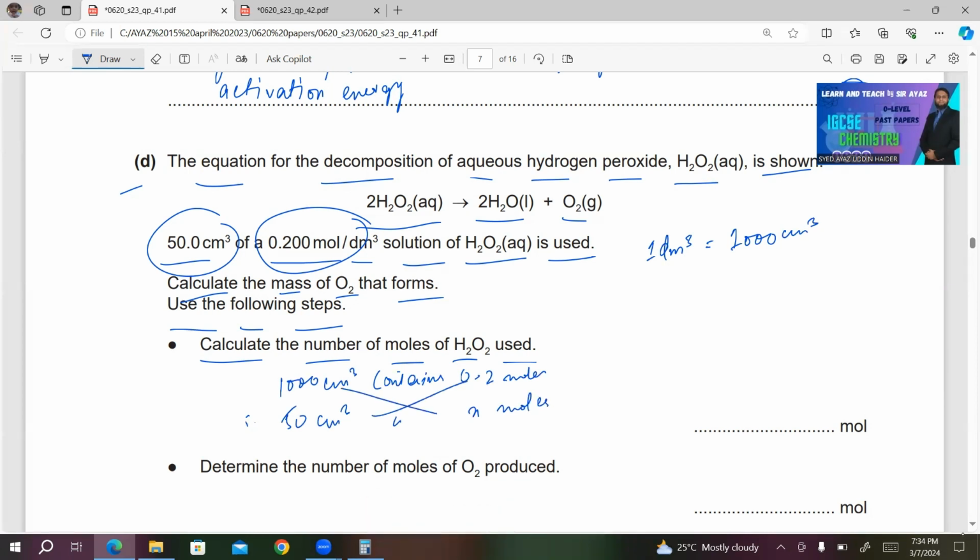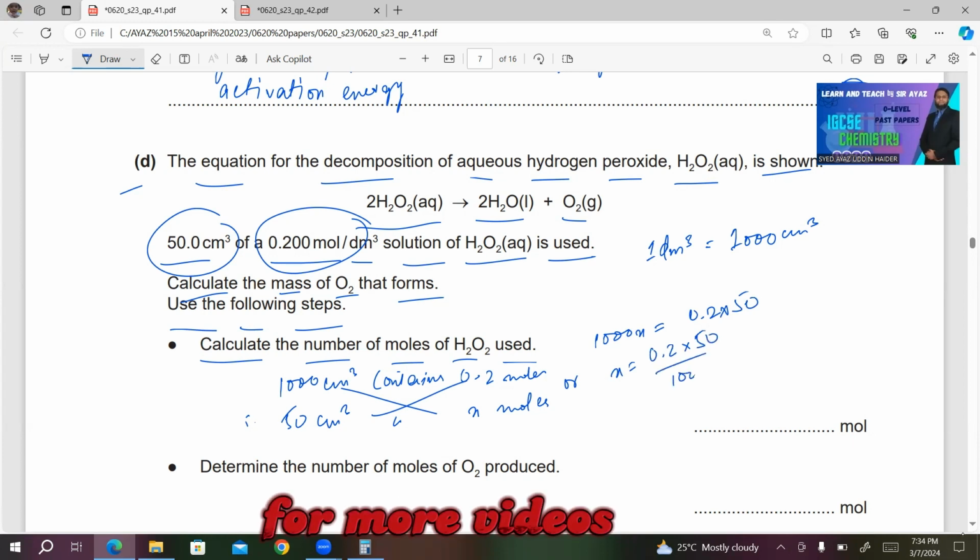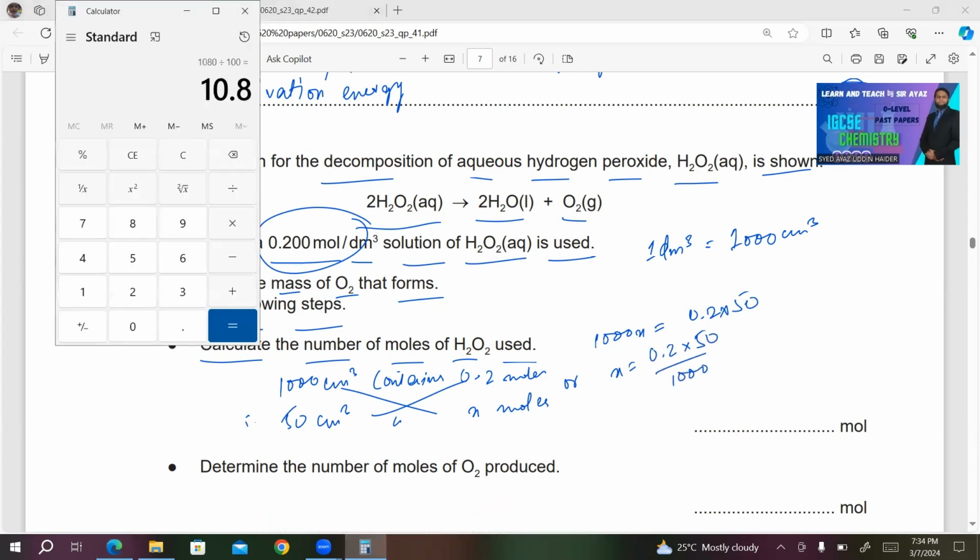To the cross, we will get 1000X is equal to 0.2 multiplied by 50, or X is equal to 0.2 multiplied by 50 divided by 1000. What we will get? 0.2 multiplied by 50 divided by 1000, 0.01 moles.